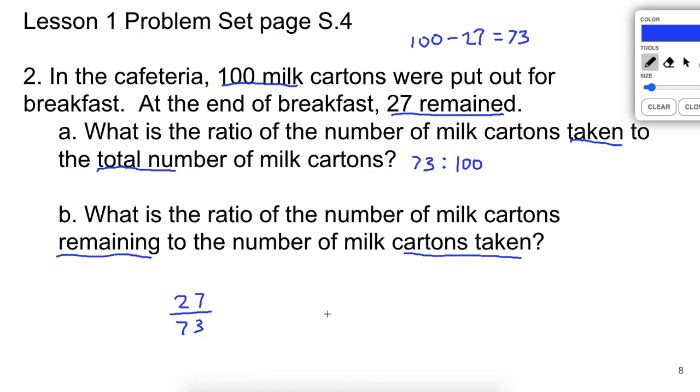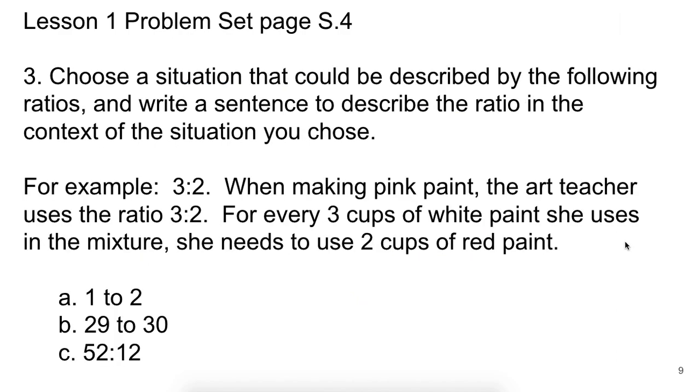So that's our ratio of remaining to taken. Again, you could also write it as 27 to 73, however you want to write it. You could do it those ways. Okay, or you could write it with the colon. So any of those ways you could write it. All right, so let's go on to the last one here.